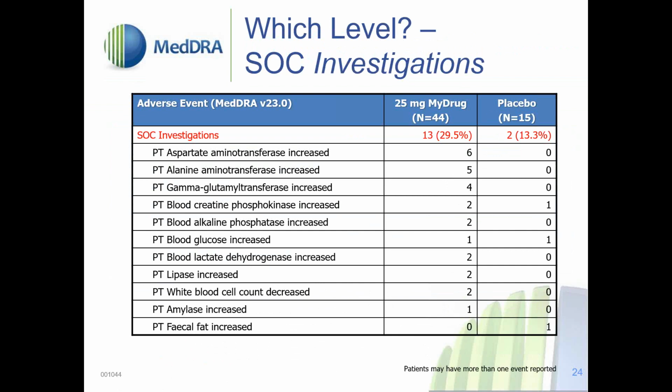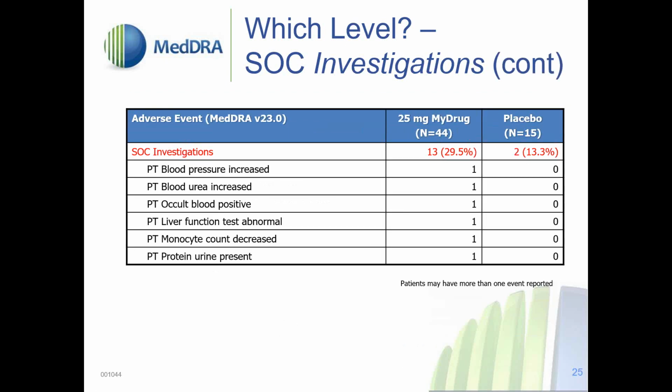When looking at the PTs, you see that a number of lab tests and other investigational findings are represented, including aspartate aminotransferase increase, blood creatine phosphokinase increased, blood glucose increased, lipase increased, white blood cell count decreased, amylase increased, etc., etc. And the list continues on the next slide. So blood pressure increased, occult blood positive, protein urine present.